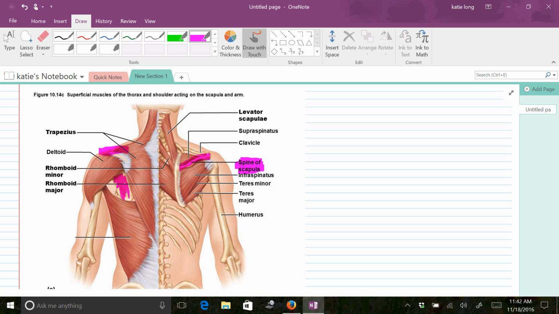So our deltoid originating on our clavicle and scapula, and then inserting right here on our humerus. Also, let's note that what is the white stuff we're looking at? It's tendons. Tendons connect bone and muscle, right? So you can see the little tendon right there connecting our deltoid to our humerus.